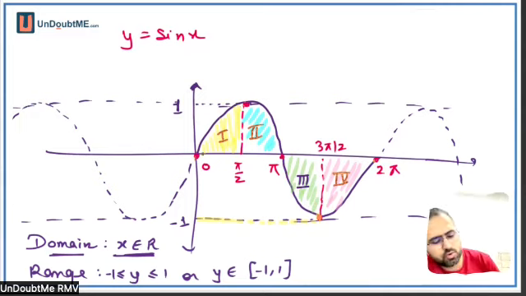Why are we calling it an oscillation? Because it started from the mean position 0. After one complete oscillation, to and fro, going one side, then the other side, and then coming back to the mean position, 2 pi is one complete cycle.